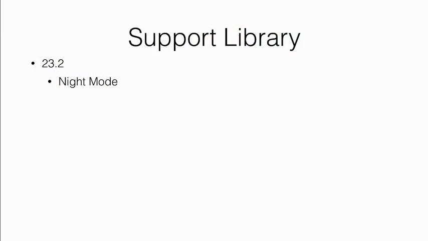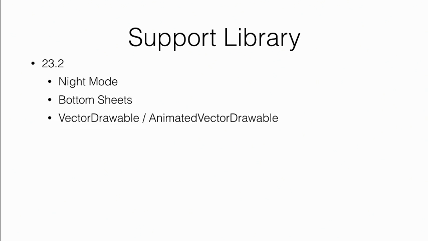All right, support library. This is not new in N, but I wanted to talk briefly and quickly about some of the things that have been in recent releases. So in the 23.2 release, we had a bunch of stuff that people were looking forward to. There's night mode capabilities, so the ability for your application to quickly toggle between light and dark themes. The bottom sheets UI for material design, and vector drawable and animated vector drawable.